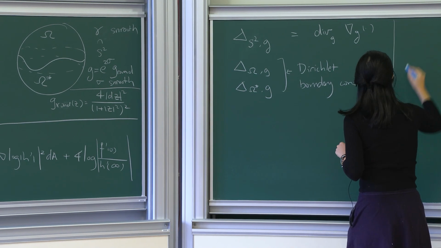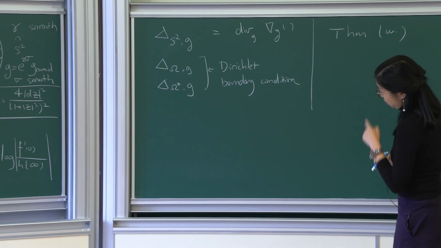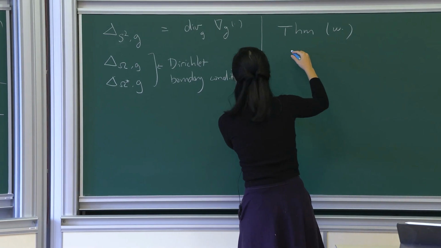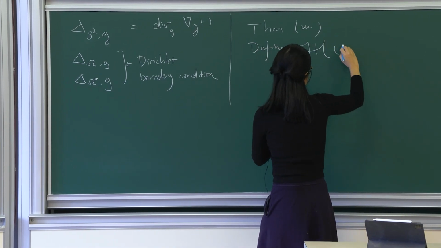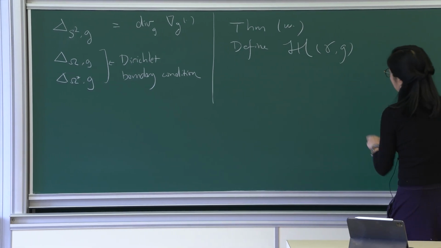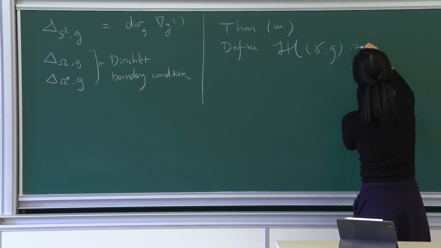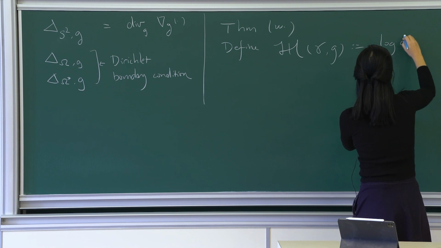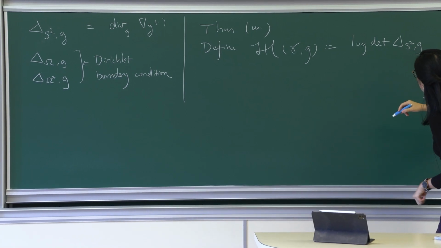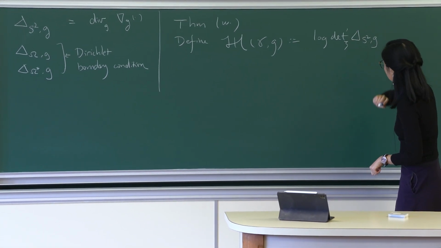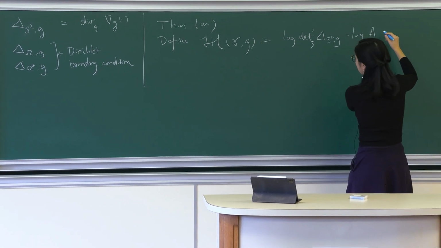So the theorem. In the same paper, we showed that if I define this quantity H of gamma, g, where gamma is a smooth curve and g is a metric conformal to the round metric, I define it to be the log determinant of the Laplacian of the sphere, with a zeta, I'll explain what that means later, minus the area.